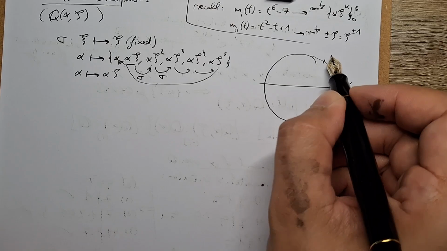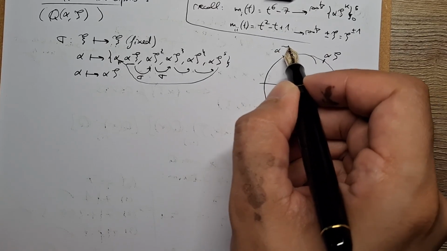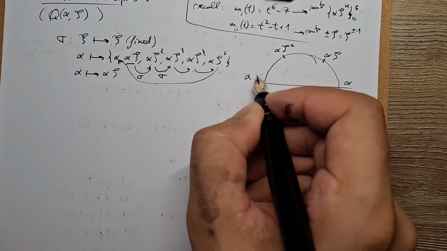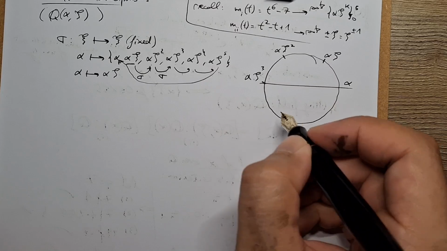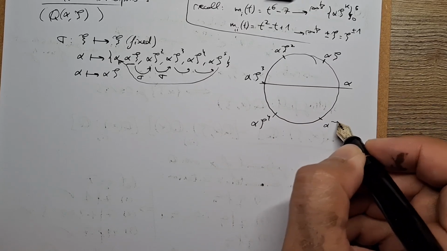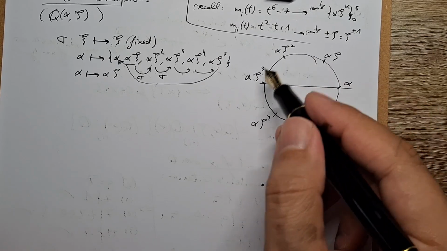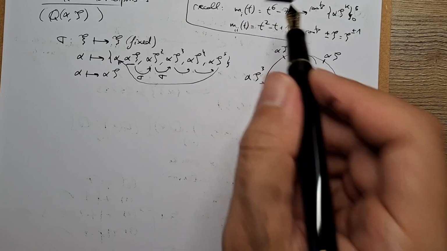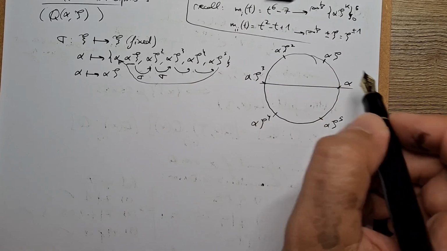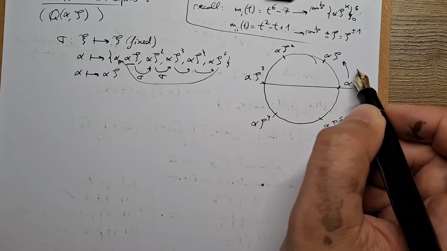So we have here alpha theta. Here we have alpha theta squared. Here we have alpha theta to the cube, alpha theta to the fourth, and alpha theta to the fifth. Now, those are the six roots of this polynomial. And what we are defining here is this sigma, which is applied in this way.